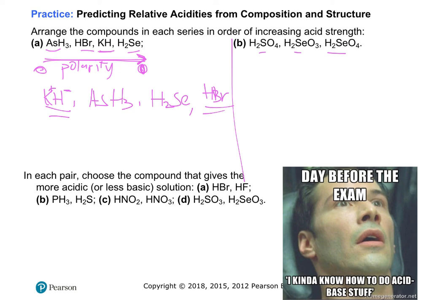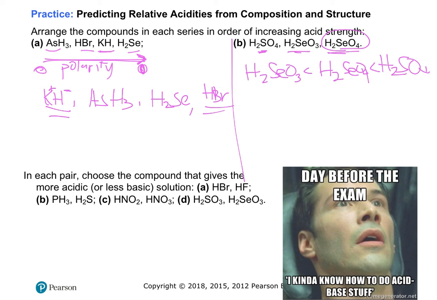In this case, the higher the electronegativity for oxyacids, the more acidic it is. Sulfur is right above selenium, so sulfuric acid is going to be the strongest. Then when we are comparing the selenium ones, the one with more oxygens is going to be stronger than the one with fewer oxygens. So we're going to have this compound. And then lastly, our weakest will be the one with only 3 oxygens.